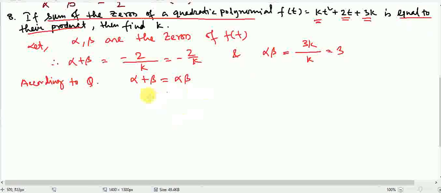So I could write 2 by minus 2 by k equal to 3. So k equal to minus 2 by 3. This is the answer.